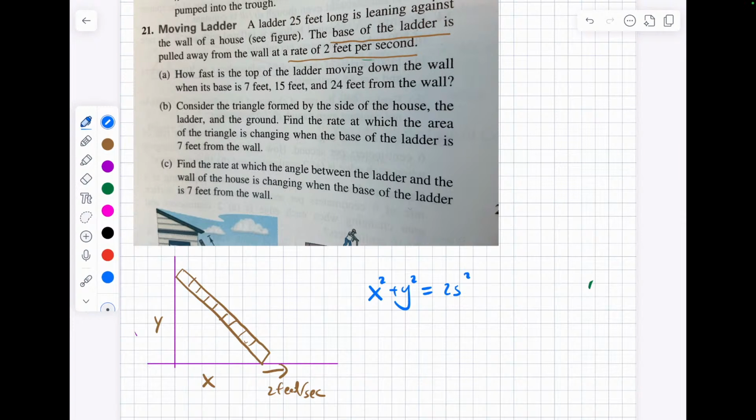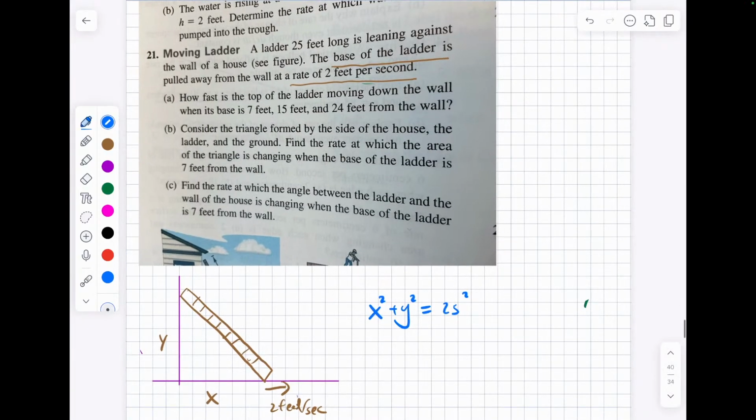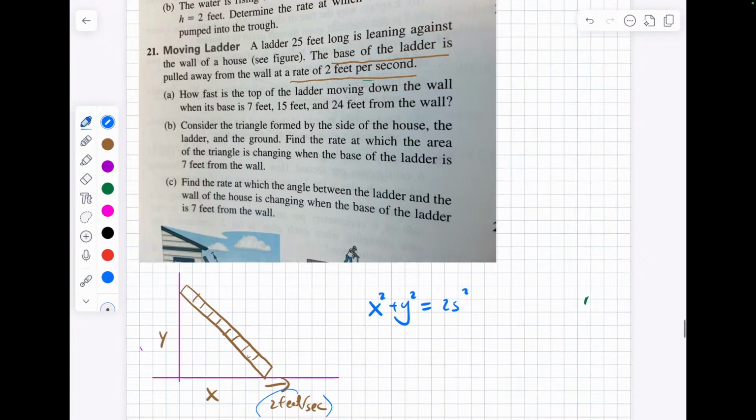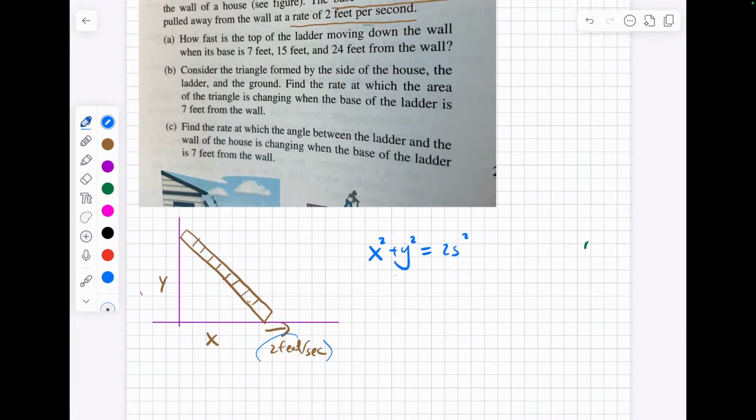Now I'm pulling down like this. We know the relationship. What is 2 feet per second? Is that dy/dt or dx/dt? Good. dx/dt is given, so it's 2 feet per second. Is that okay? Any questions so far?